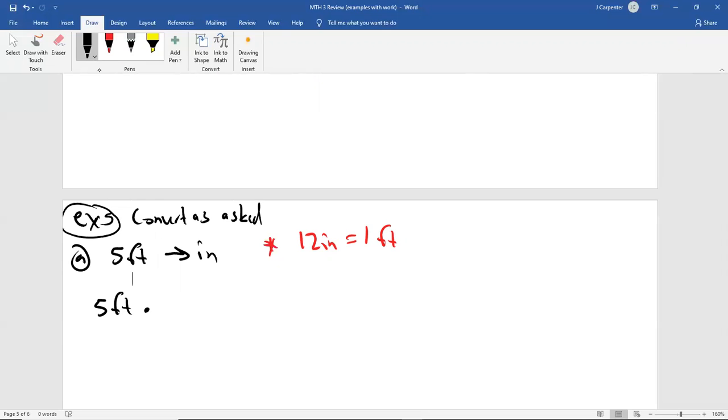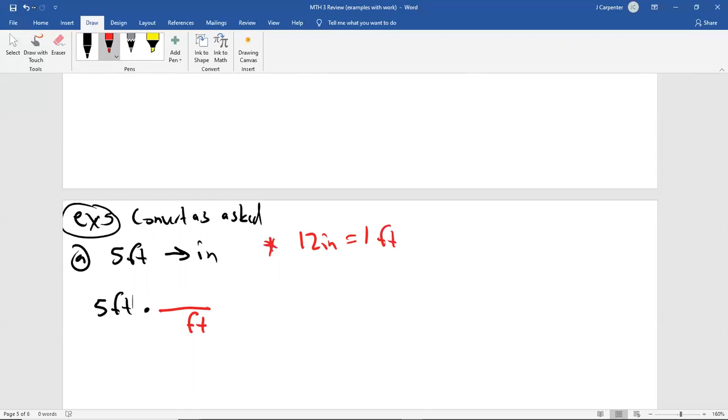And you want to have out with the old. So when I show my multiplication, I see this is my feet. That's my old unit. I want that gone. So that tells me feet have to go on the bottom. Because our original units are in the top, they have to be in the bottom.